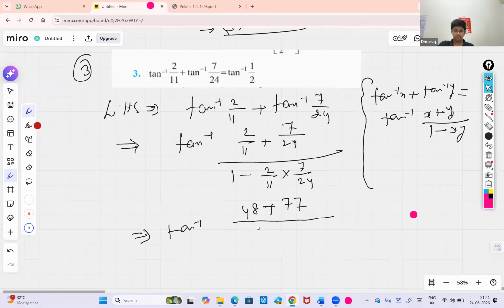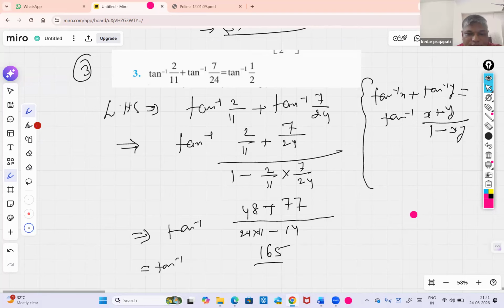Now just calculate 24 into 11 minus 14. That gives 264 minus 14, which is 250, and the numerator is 125.